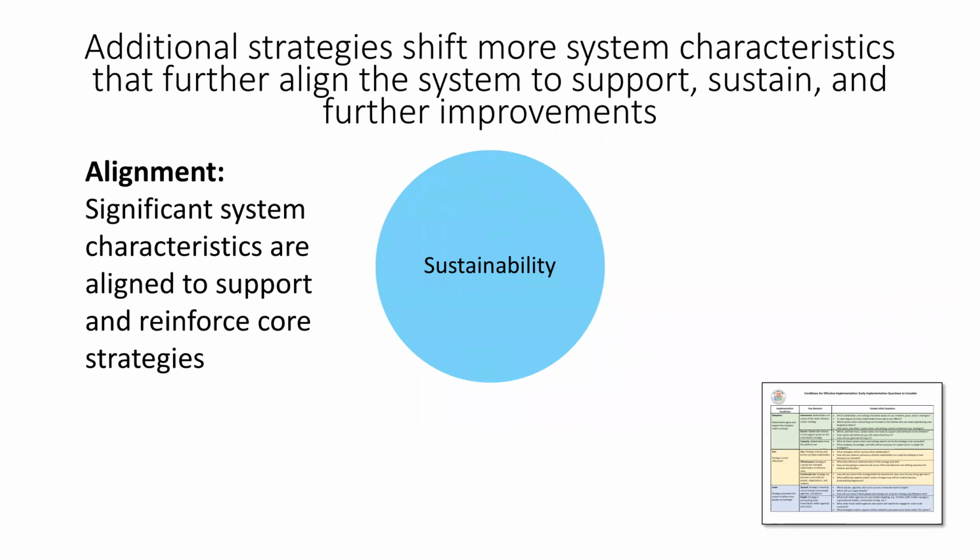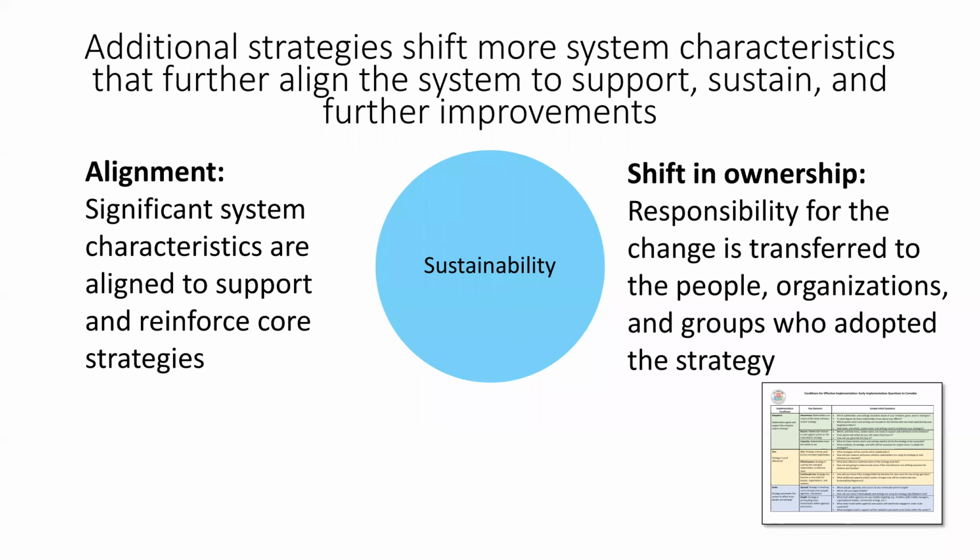So there are three different elements of sustainability, one of which is alignment, which is what I was just talking about. Again, we're making sure that we're shifting at least two or three of the most powerful system characteristics related to the issues that we're addressing so that we have good reinforcement for the strategies we're working on.